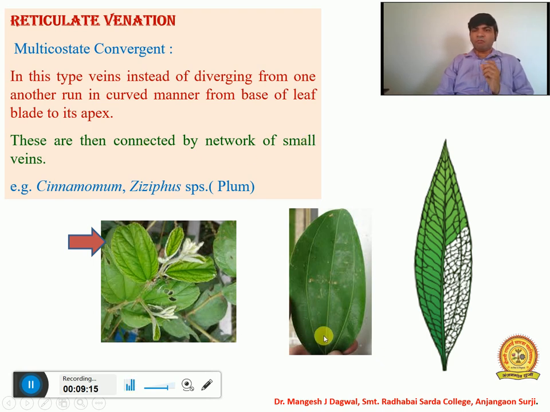So in this, these converge; this is the main vein. Again there is a rise of another vein, and this converges too. Here is another vein which also converges. This is not diverge. Diverge means like this, and converge means these veins converge toward the apex. So this is called the convergent type of venation.